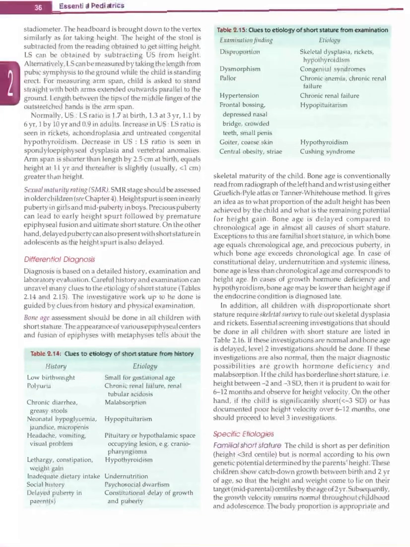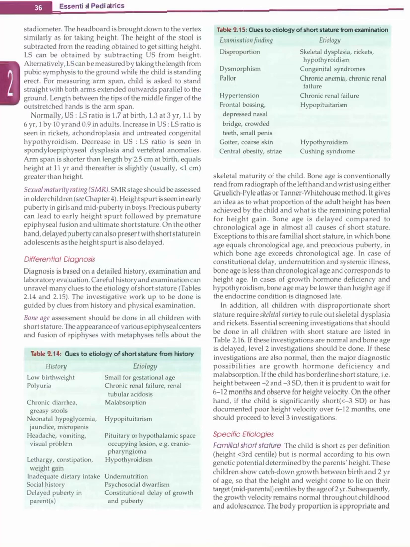Alternatively, lower segment can be measured by taking the length from pubic symphysis to the ground while the child is standing erect. For measuring arm span, the child is asked to stand with both arms extended outward parallel to the ground.